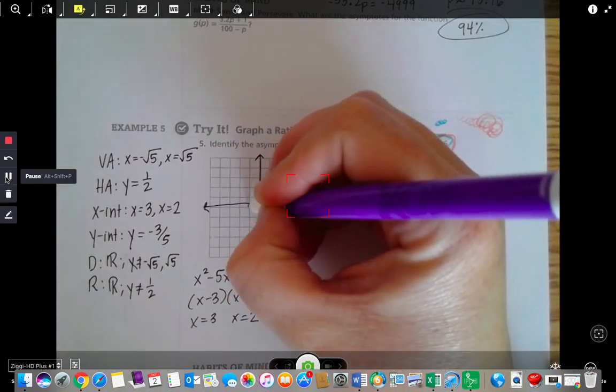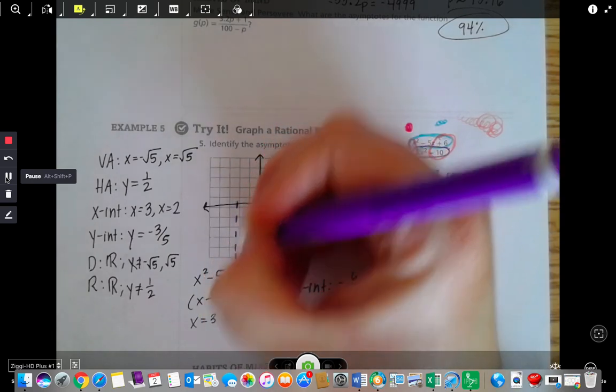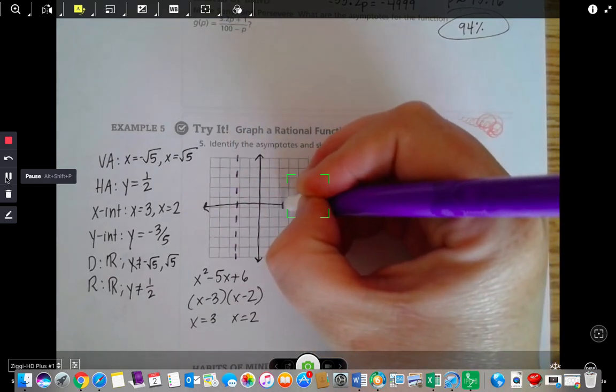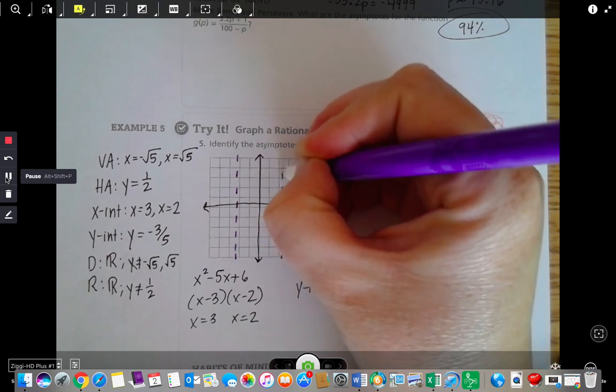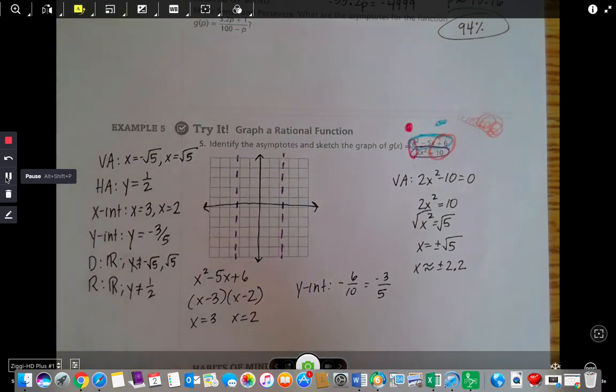Negative 2.2, positive 2.2, and then a horizontal asymptote at y is equal to 1/2.